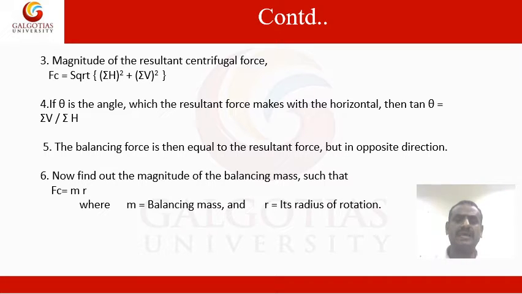If theta is the angle which the resultant force makes with the horizontal, then tan theta equal to sigma V divided by sigma H, where sigma V is the sum of vertical components of forces and sigma H is the sum of horizontal components of forces. By the help of this formula we can find out the angle of inclination of the resultant force with respect to the horizontal.